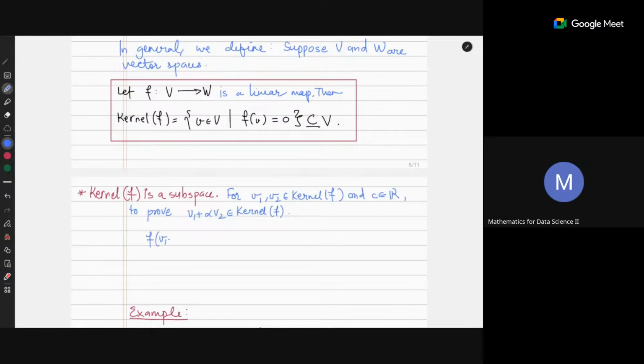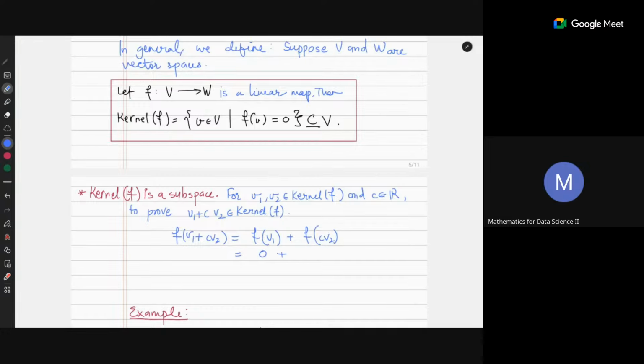So what you do is just apply the condition to be in the kernel. The condition to be in the kernel is that it needs to map to 0. Right. So just apply the function F to v1 plus alpha v2. So what will you get? Now use the linearity. The first vector maps to 0 itself because v1 is in the kernel.